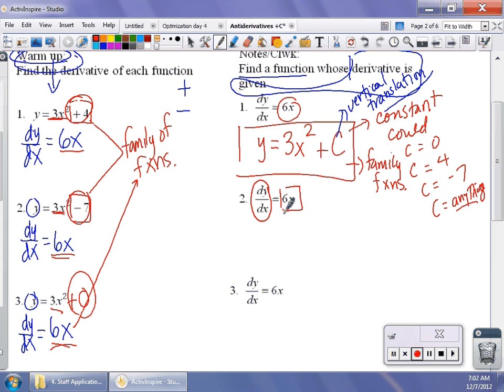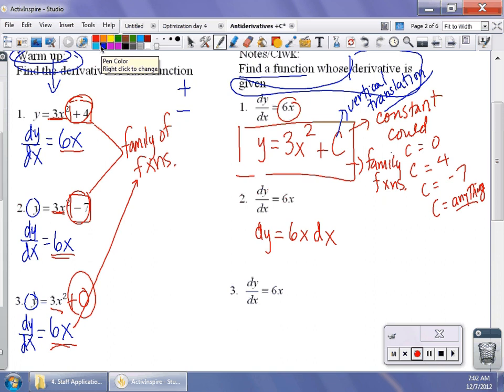So the first thing I'm going to do to make that happen is I'm going to get all of the y's on one side and all of the x's on the other. In other words, I'm going to multiply both sides by dx. And if I multiply both sides by dx, I'll get dy is equal to 6x dx. So I'm kind of taking the derivative apart. Now I have my y on the left-hand side and my x's on the right-hand side.